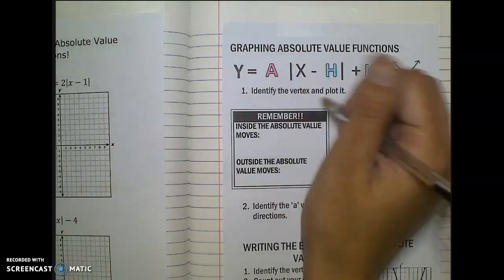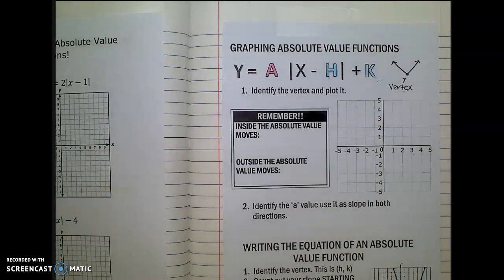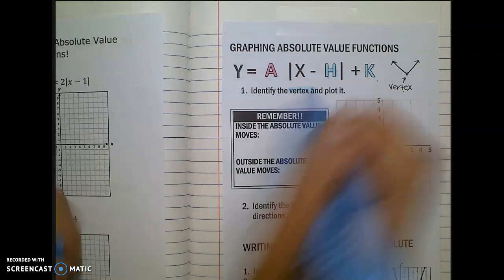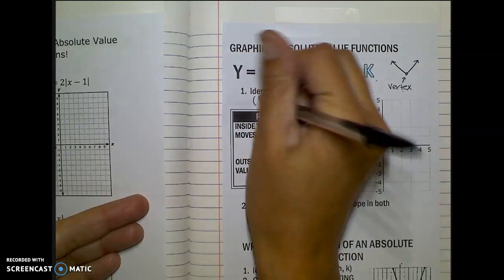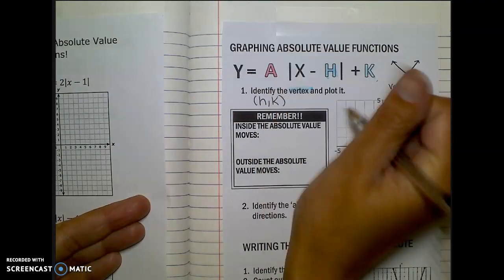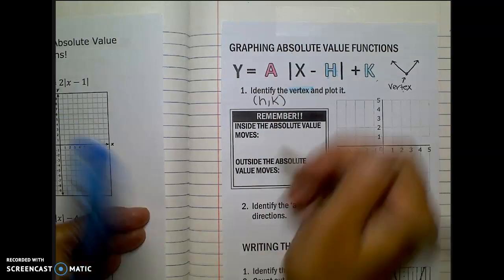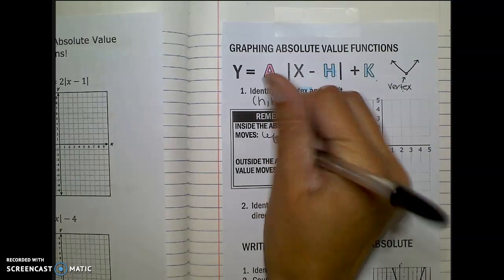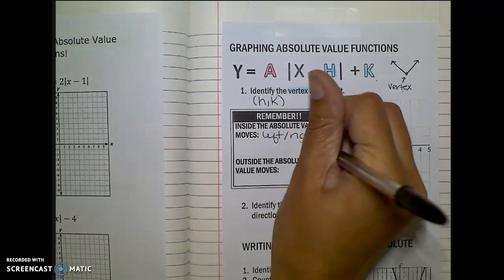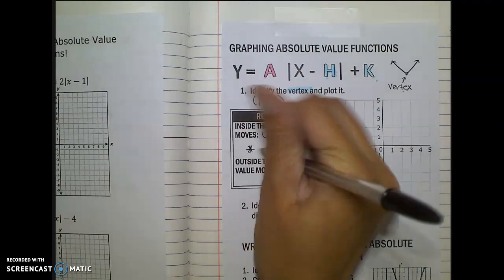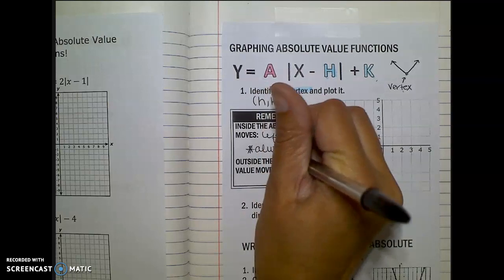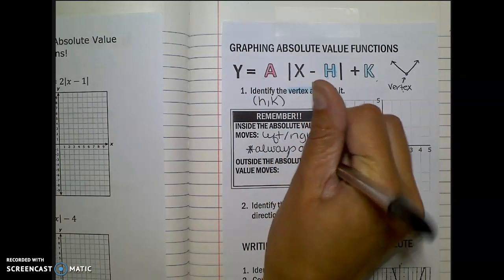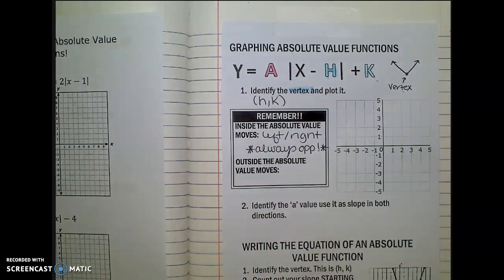So if I can identify the vertex, which in this case is my H, K, then I can plot it, and then we need to remember that the stuff inside the absolute value is going to move me left or right. And it was kind of unique in that it was always opposite of what you expected.